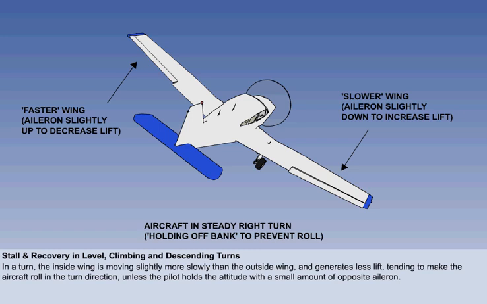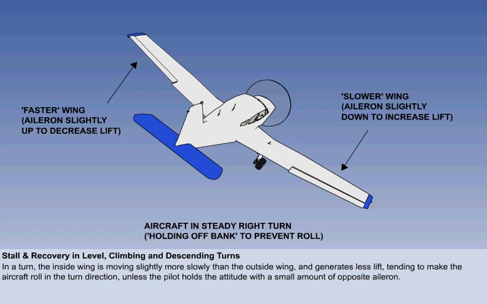When an aircraft is in a level coordinated turn at a constant angle of bank, the inside wing is moving through the air at a slightly lower speed than the outside wing, and consequently generates less lift. If the ailerons are exactly neutral, the aircraft would have a tendency to roll in the direction of bank, or over bank.